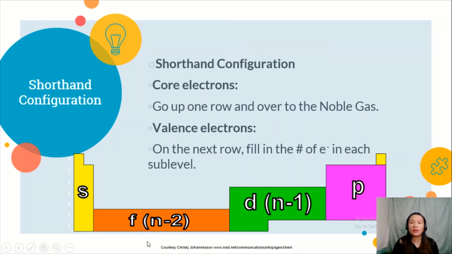Take note that when we go to the F, we will be using n-2, meaning if, for example, you are in the 7th energy level, we get 7 minus 2, then it becomes 5. In this area, this is the D level, and again we use n-1. So for example, if we are in the 6th energy level, minus 1, it becomes 5D instead of 6D.